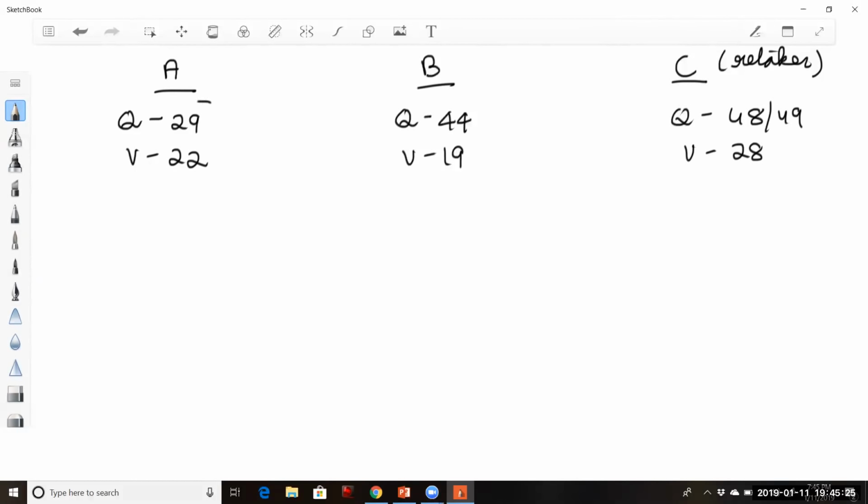For bucket A, clearly the quant score is very low, so it indicates that either the person is not very strong on the quant front, or is a person with 5 to 8 years of experience who hasn't opened a mathematics book for like 8 years, not worked any problem other than using the calculator, right?